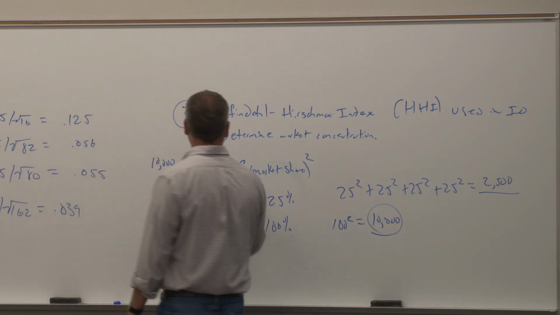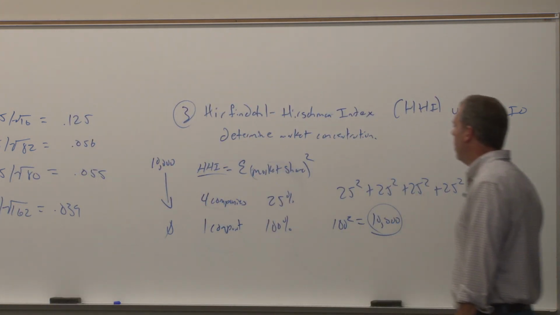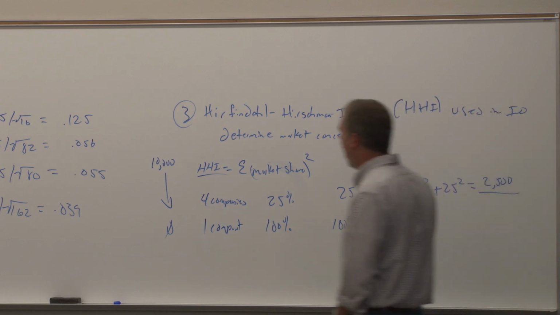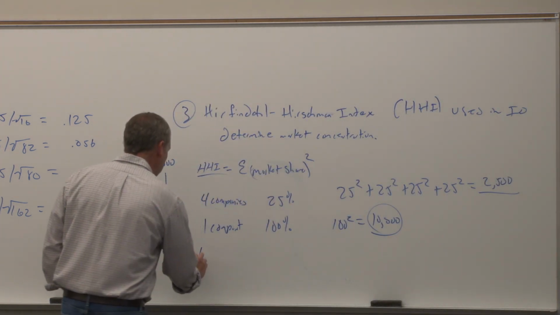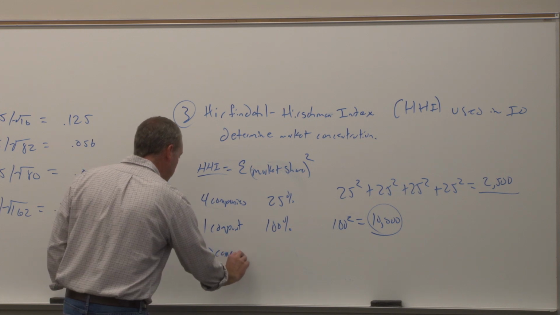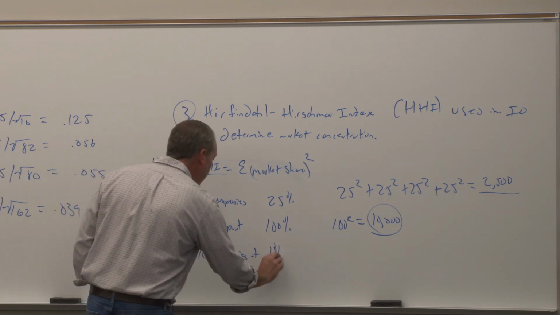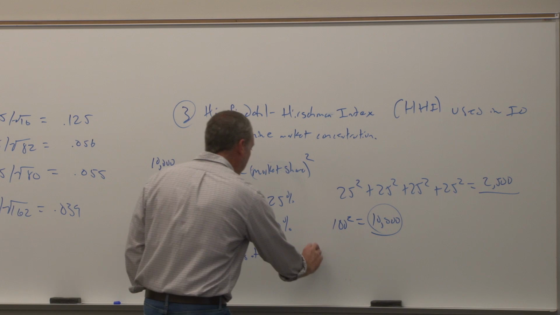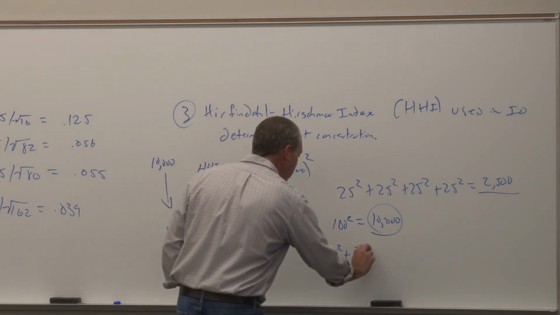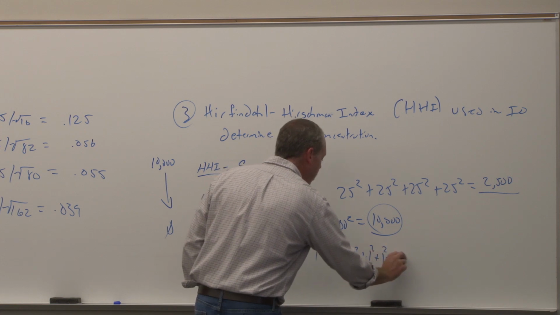And you can look at this in a lot of different ways. You basically want to add up all of this market share for all these different companies. But you can see if you had, say, 100 companies, and they each had 1% market share, well, you've got 1 squared plus 1 squared plus 1 squared, and so on.